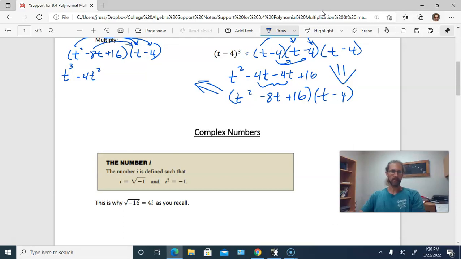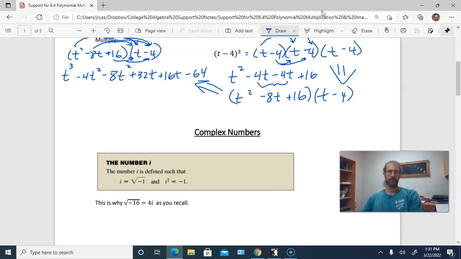Negative 8t times t is negative 8t squared, and negative 8t times negative 4 is going to be positive 32t. And then finally we'll distribute the 16. 16 times t is 16t, and 16 times negative 4 is negative 64.